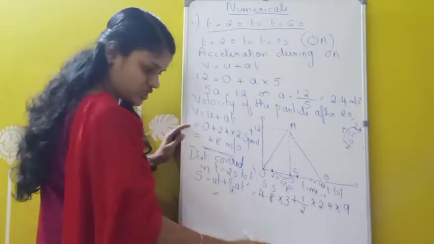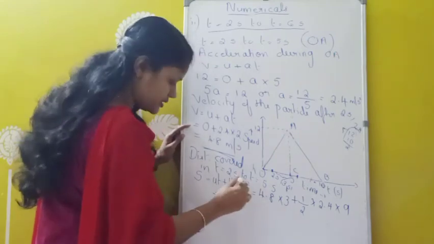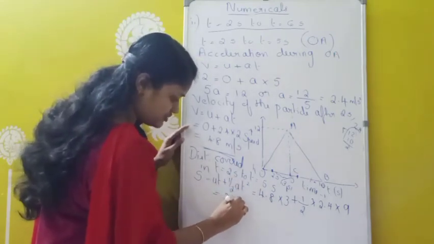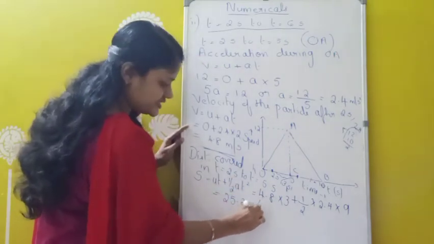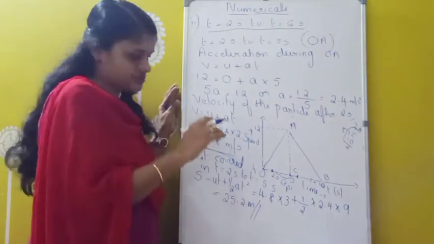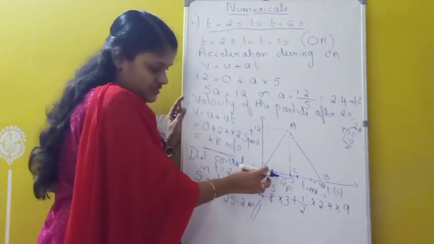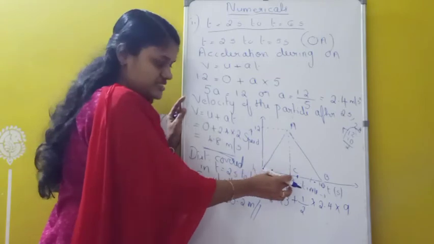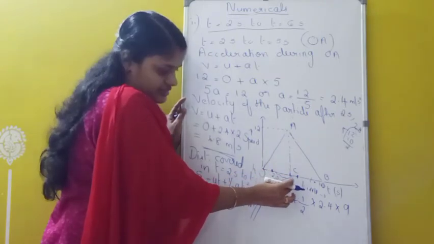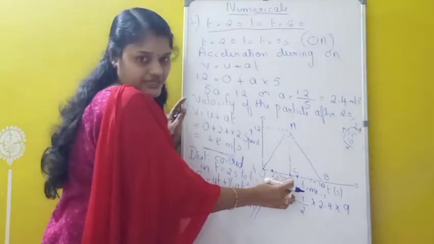When you simplify, you get the answer 25.2 meter. So this is the distance covered by the particle in the time interval t equals 2 seconds to 5 seconds, which is 3 seconds.